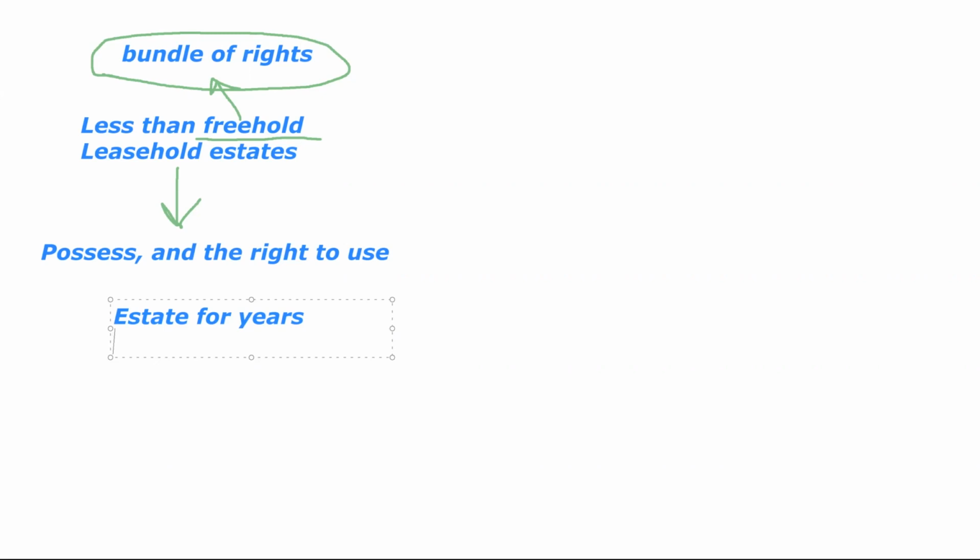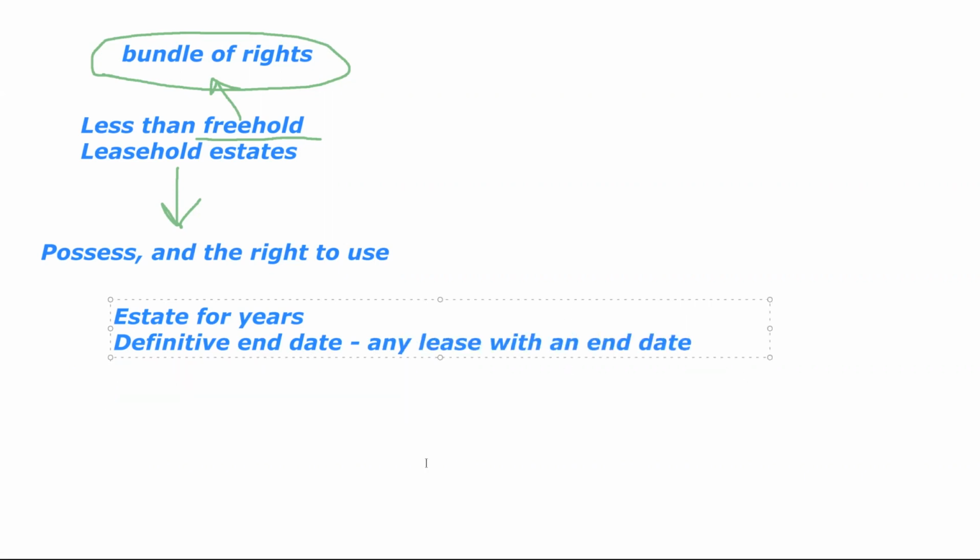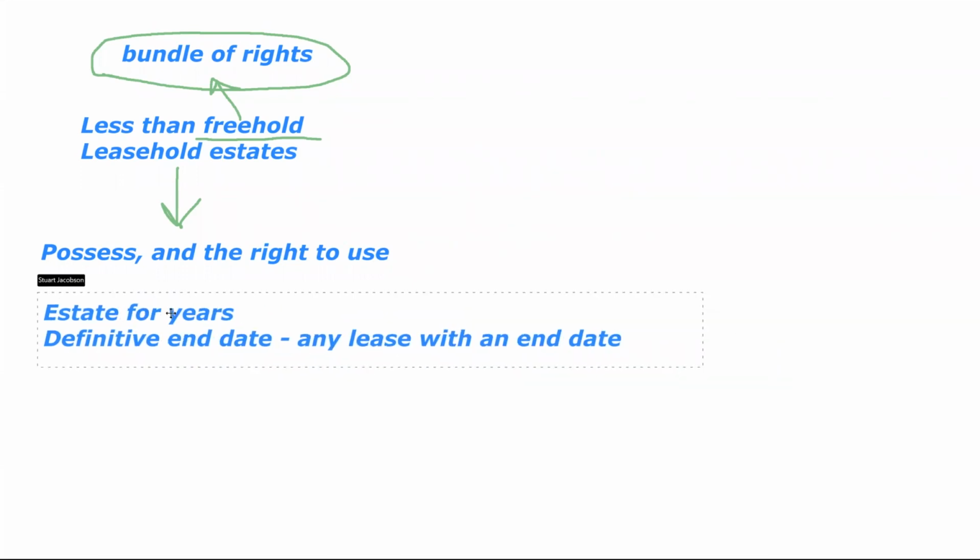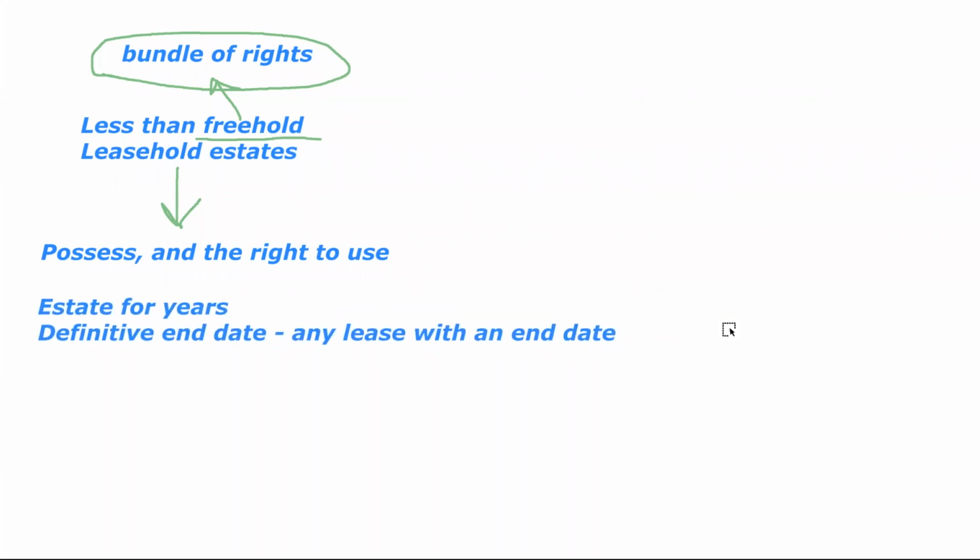So an estate for years has a definitive end date, okay? And this is any lease with an end date. A lease for 12 months is an estate for years. If you go away on vacation and you get a weekend rental, that's an estate for years. If you get a lease for 6 months, that is an estate for years.